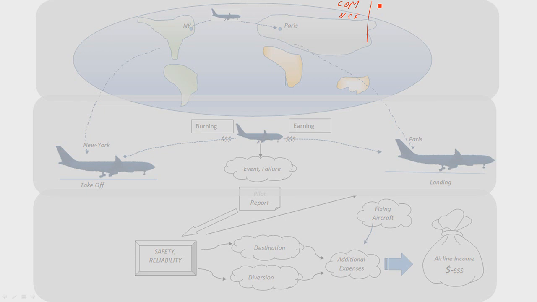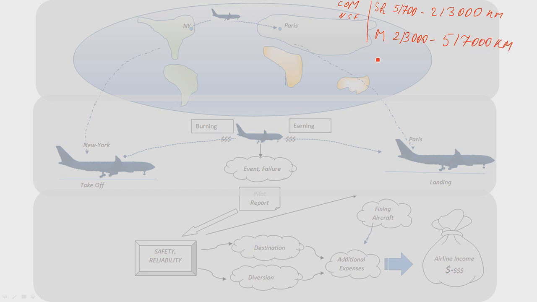Category 1, we have short range: 500, 700 kilometers, up to 2,000 kilometers. Medium range, we have 2,000, 3,000 kilometers to 5,000, 7,000 kilometers.